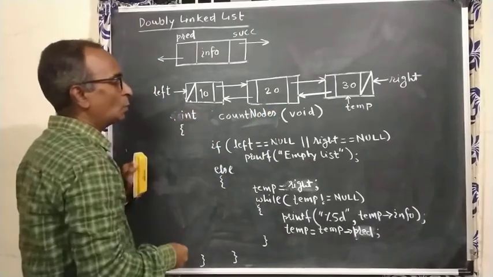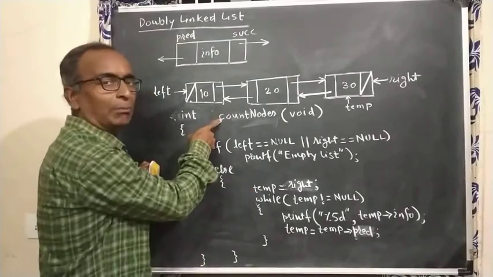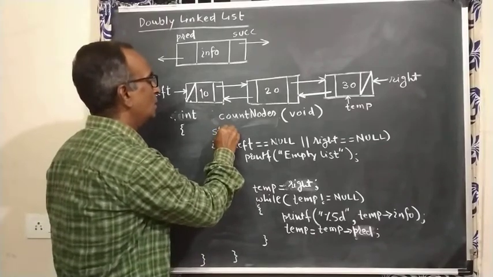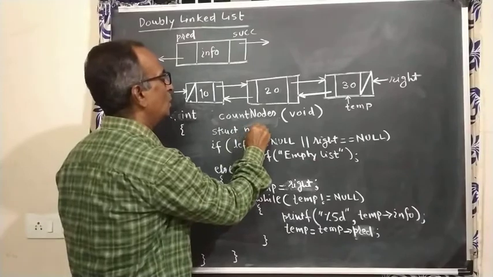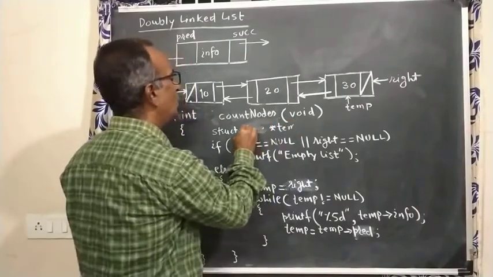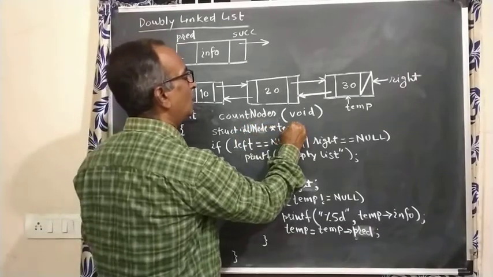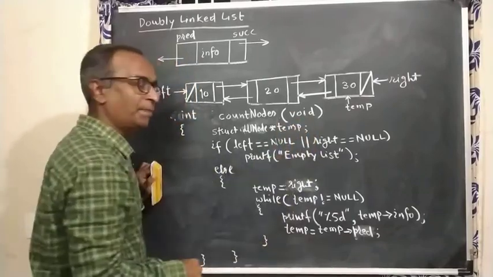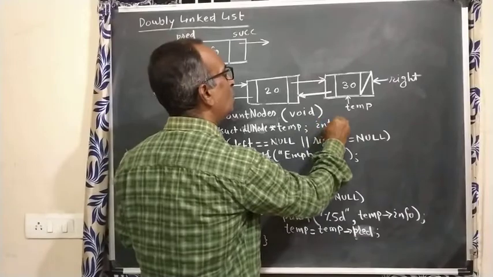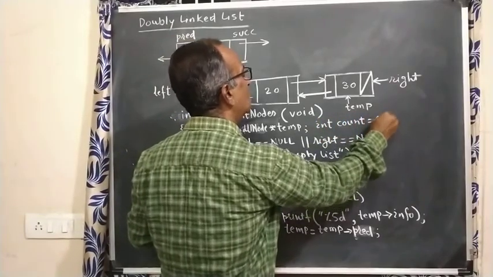Earlier you had to declare temp as struct node star, DLL node star temp, which you have given. Now for counting, I'll keep one count variable, and I'll initialize it to 0.